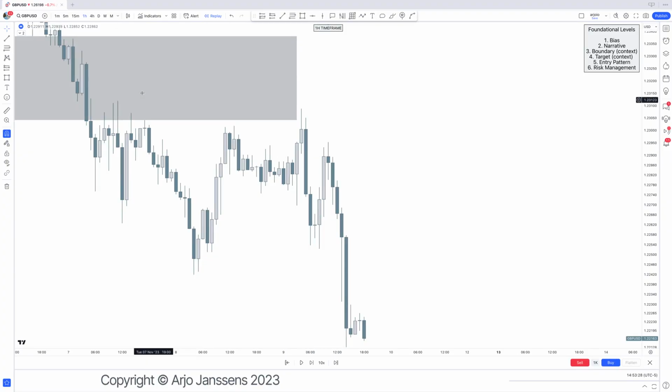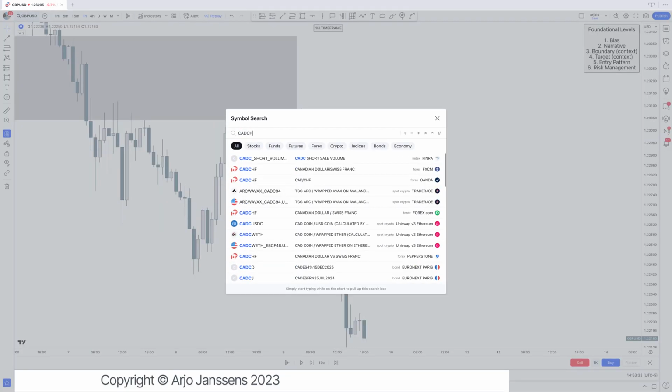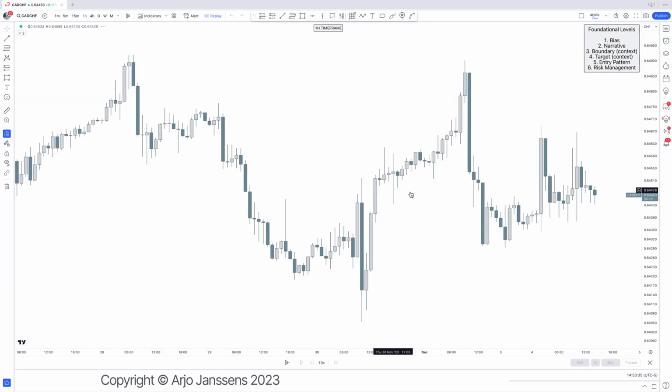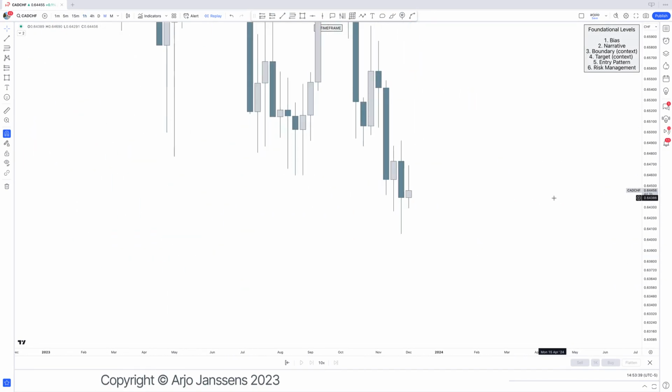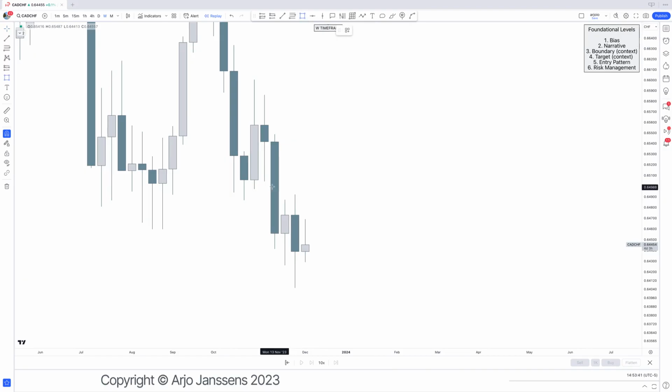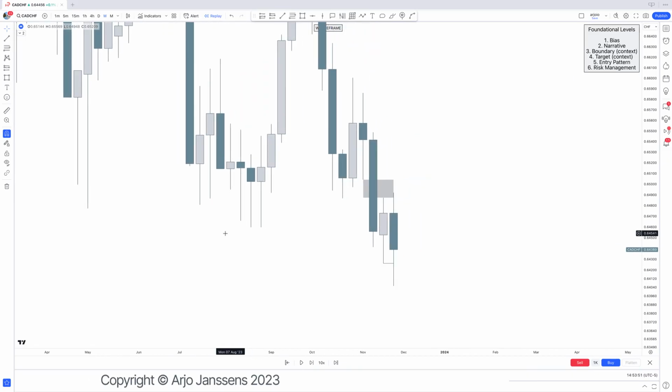So then we are going to look at one more example, which was Canadian dollar CHF. Now on Canadian dollar CHF, we were looking at the weekly time frame, and on the weekly time frame, we had this weekly fair value gap that we could continue lower off of, targeting the previous week low that is sitting right there. So on the 1 hour time frame, because weekly PD array, 1 hour ST plus RE.